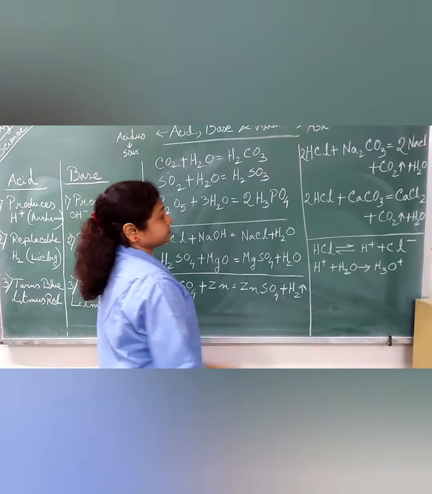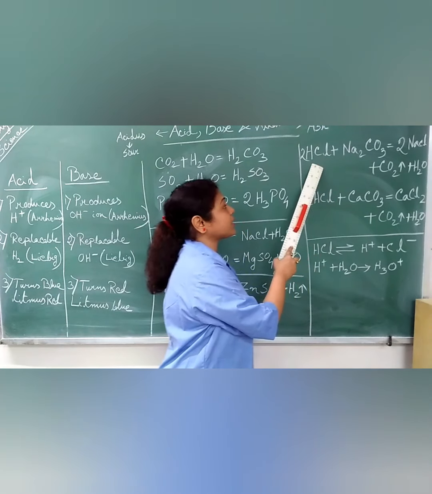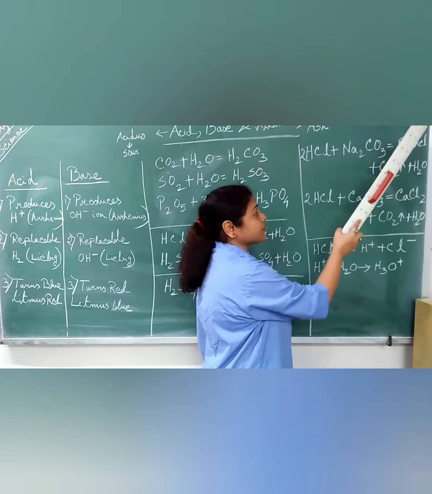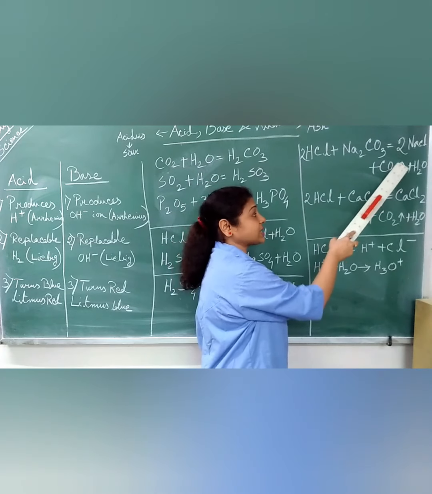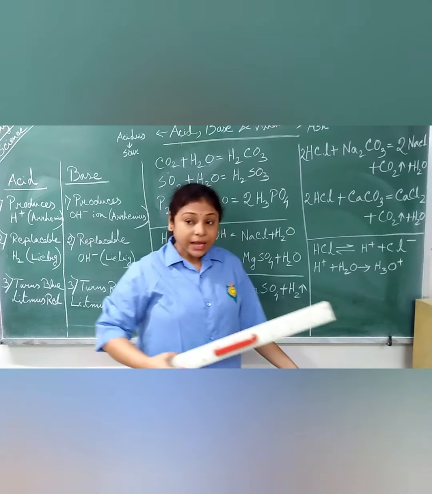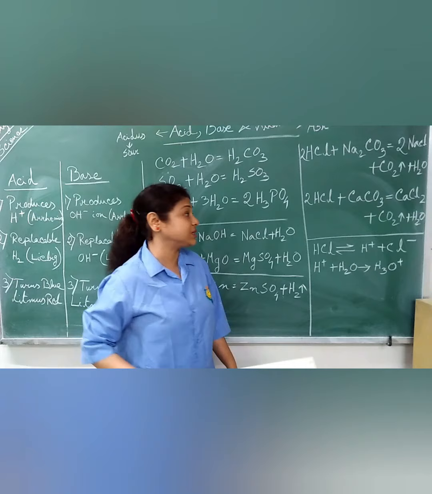Now the next one. Acid reacts with carbonate salt, that is hydrochloric acid when reacts with sodium carbonate to form sodium chloride, carbon dioxide gas and water. This is also gas, that's why up arrow is given. And one more thing, carbon dioxide comes out as effervescence, that is as bubbles.